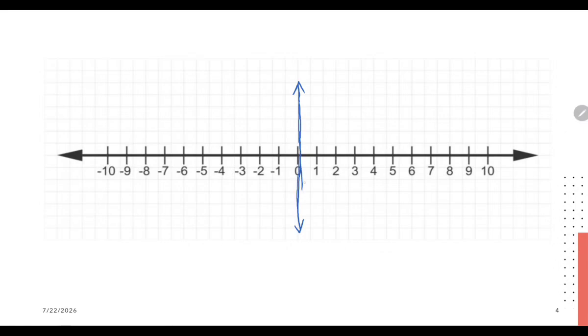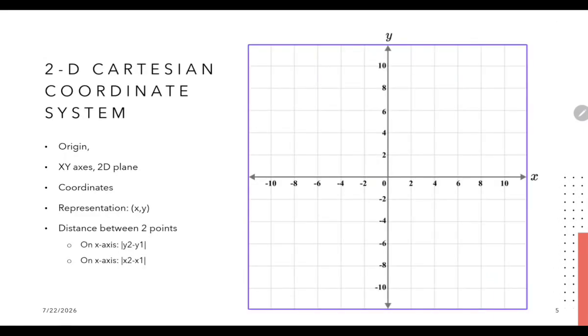So we'll just turn this 90 degrees, and the numbers will be the same: 0, 1, 2, 3, 4, and -1, -2, -3. Now this is nothing but a 2D plane, the 2D Cartesian coordinate system.